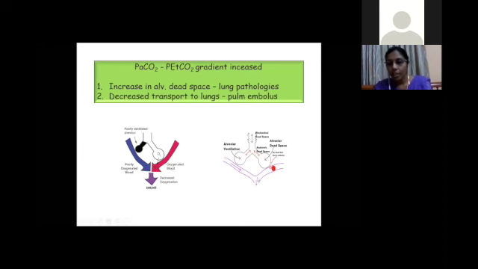And in another situation, if there is a pulmonary embolus, blood flow is not happening, so adequate exchange of gases has not occurred. In these two conditions, there can be an increase in arterial and end tidal carbon dioxide gradient.